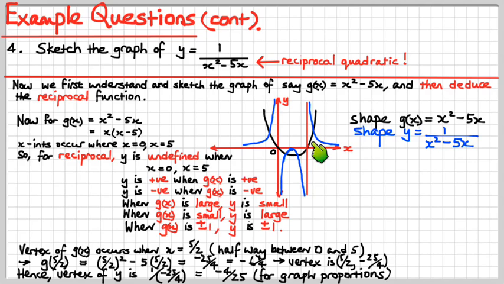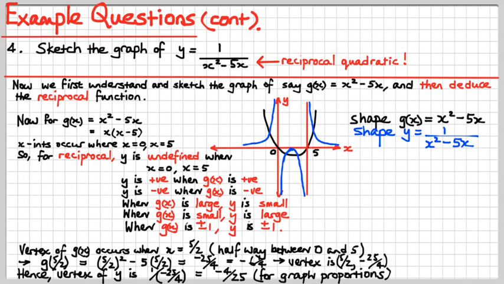And of course you'd label these asymptotes, x is 5, x is 0, and you don't need to actually label the vertex unless you're asked to. But I'd put 0, 0 here and 5, 0 here, and I'd put x equals 5, x equals 0 for my asymptote values. This one would be dotted. This one was just the y-axis anyway, so you wouldn't try to dot that.